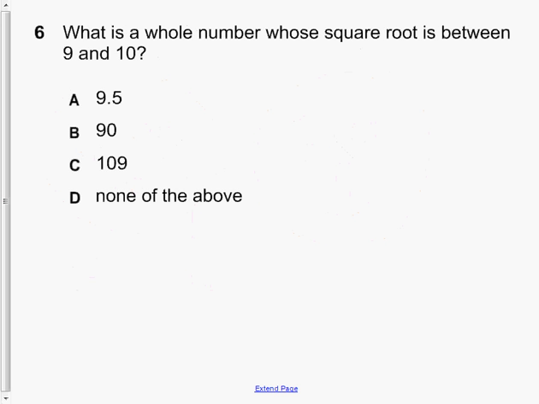In question 6, multiple choice, what is the whole number whose square root is between 9 and 10? So the square root of 9.5 is going to be like, since I know this is the square root of 9, which is 3, and the square root of 16, which is 4, the square root of 9.5 would be 3 decimal something. So therefore, it's not a square root between 9 and 10.